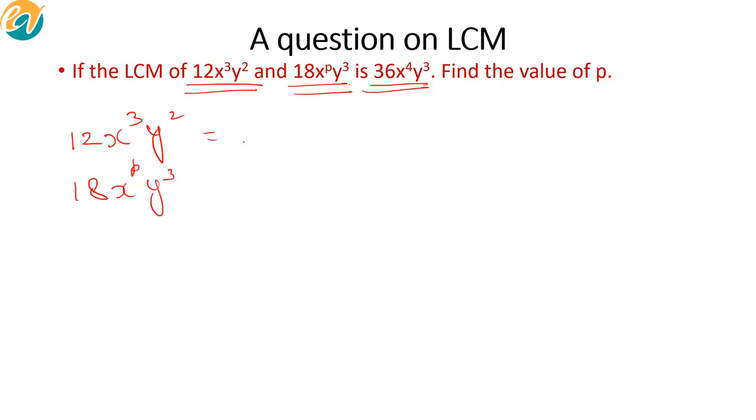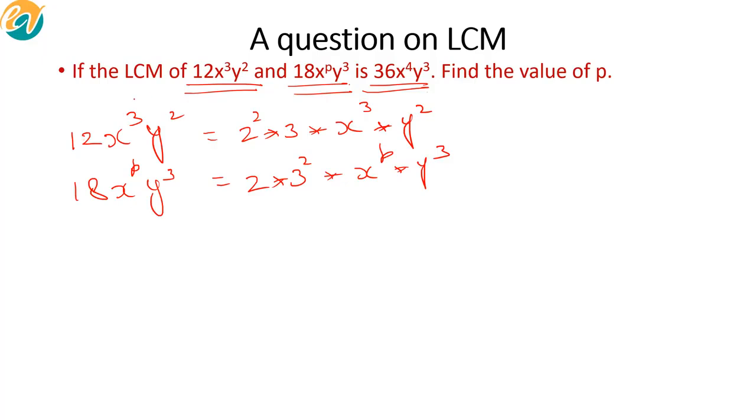So 12 is obviously 2 square into 3, and then we have obviously x cube and y square. How about 18? 18 is 2 into 3 square into x raised to the power of p into y cube.